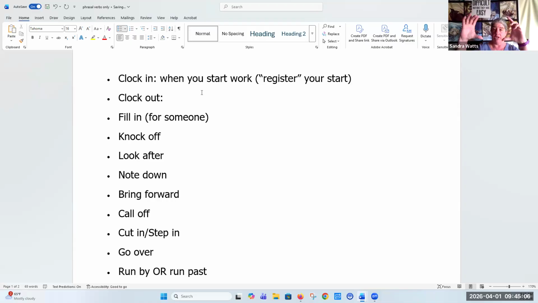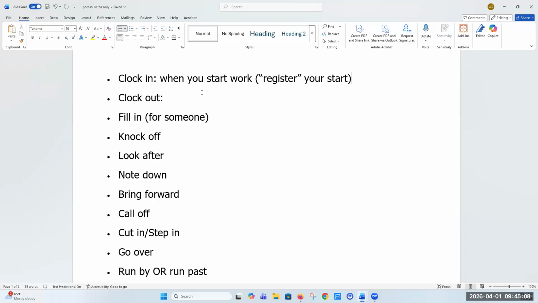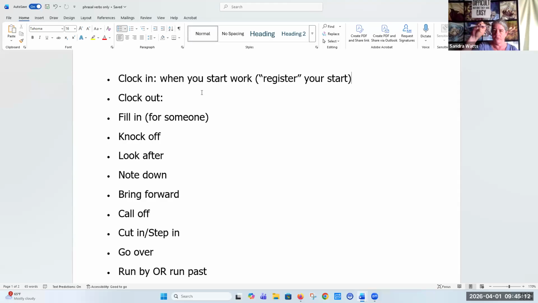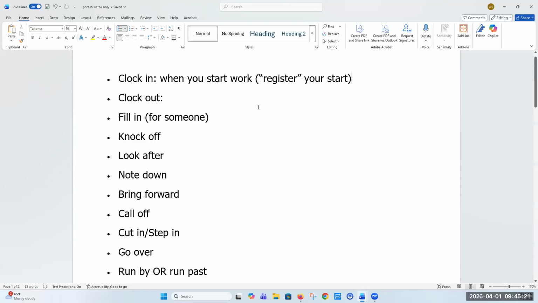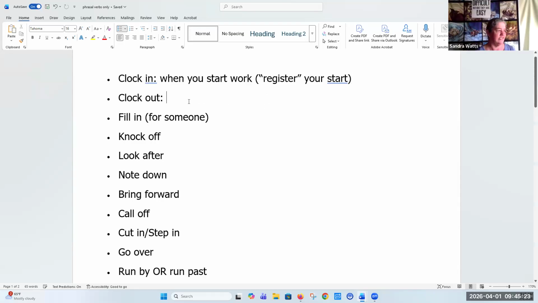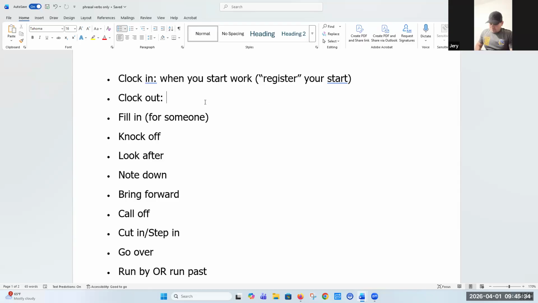Some companies actually have a time clock, and then you have a little card and it records the time that you came in, so they can tell if you're late or not. Okay, exactly. And don't worry, all these and all the definitions are on Canvas. So don't worry about, oh my God, I got to take notes. They're all on Canvas with the definitions.